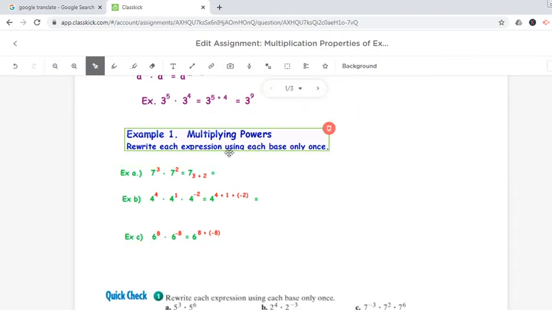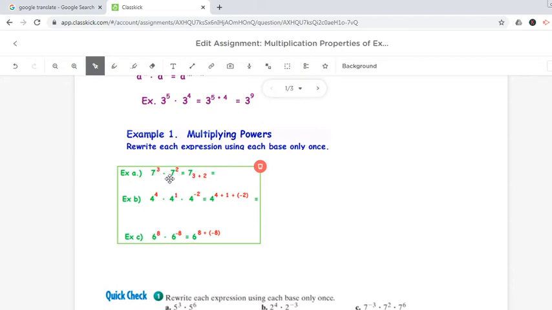So multiplying powers. Rewrite each expression using each base only once. So 7 to the 3rd times 7 squared. Same base, 7. So we put 7.